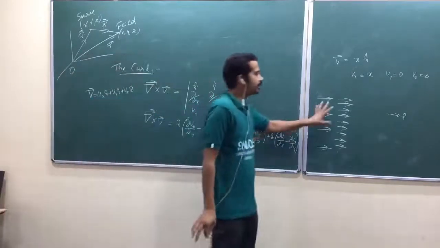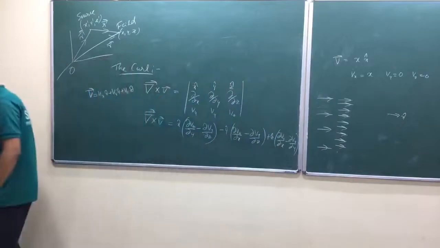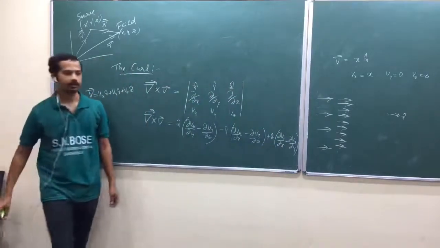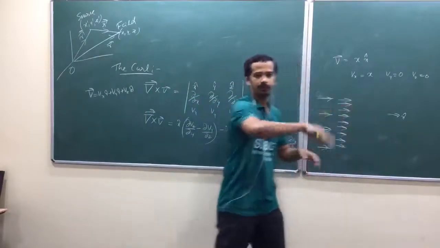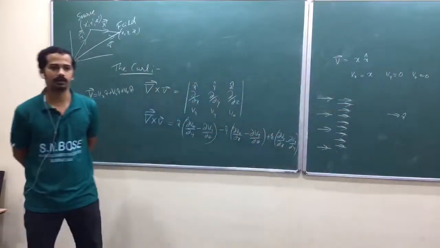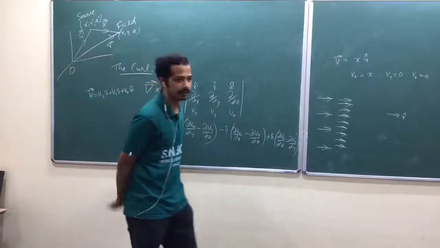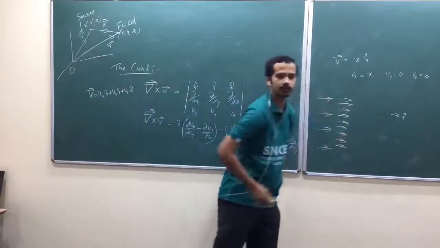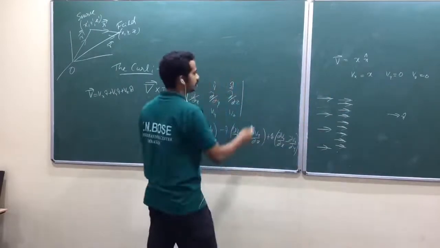Now look at here, this kind of vector field doesn't have any curl. Now what is curl? Let me give the statement. Curl is a measure of how much the vector field swirls or curls around a point of interest. This kind of vector field keeps increasing in one direction, remember. So we say it doesn't have any curl.